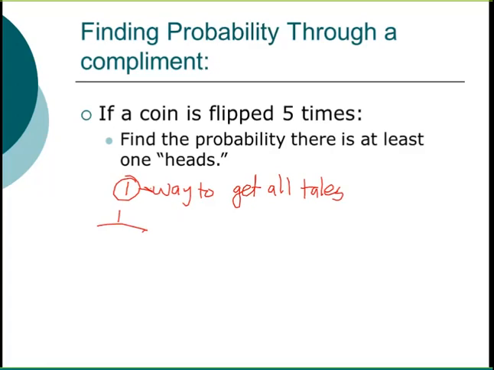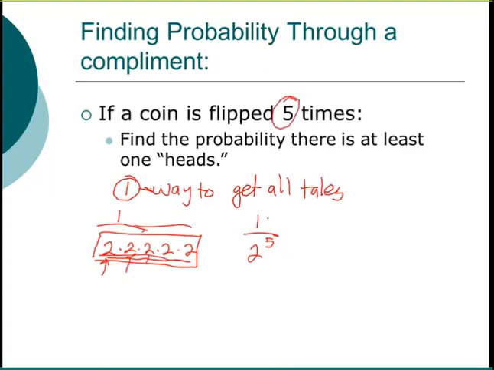It'd be 2 times 2 times 2 times 2 times 2 different ways, so 1 way out of 2 to the 5th. This is using our fundamental counting principle. At each flip I could have heads or tails, 5 different times because I'm flipping it 5 times. And so it's 1 out of 2 to the 5th, which is 1 out of 32 ways to get all tails.